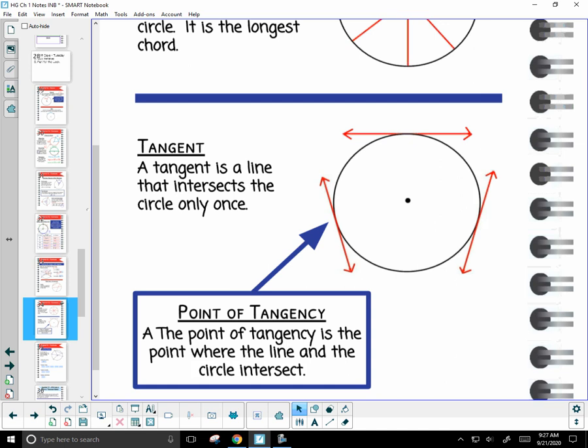The place where the line and the circle intersect is called the point of tangency. Did you use that term in algebra as well? No? Okay. So where it intersects is called the point of tangency.